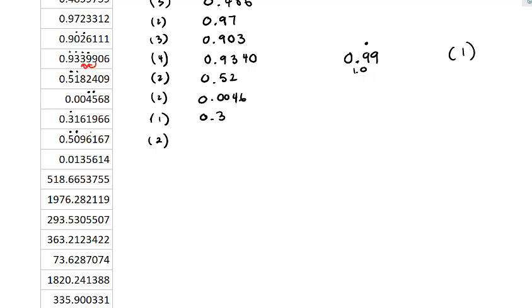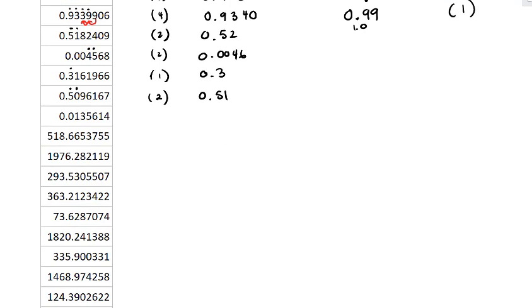And then you round based on this one, so it's going to be 0.51. It rounds up. Okay, let's do this one to three significant figures. So the first thing you measure is the 1, so 1, 2, 3, and then you round based on this one. So the answer is 0.0136.